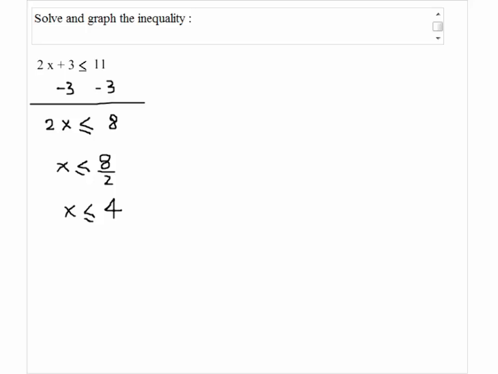If you divide or multiply by a negative number, then you have to change the direction of the inequality to its opposite direction. In this case, we didn't. We just divided both sides by positive 2. So the direction of the inequality stays the same. To graph this, we locate 4.